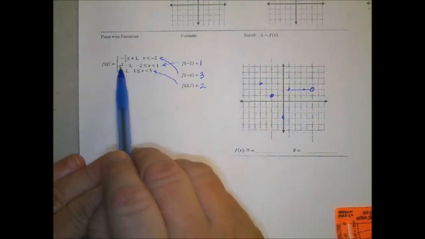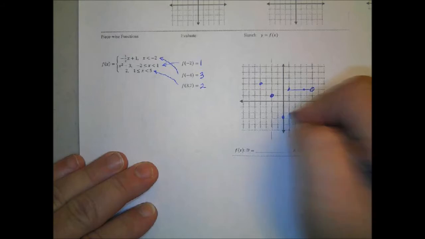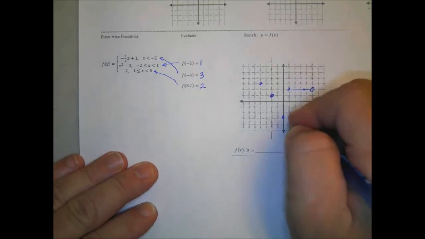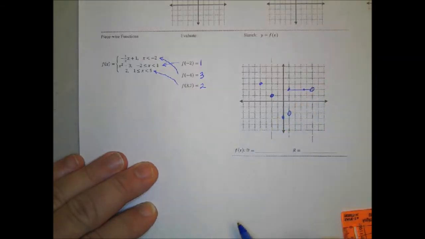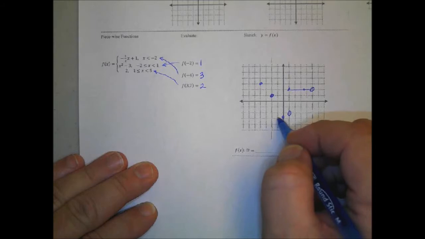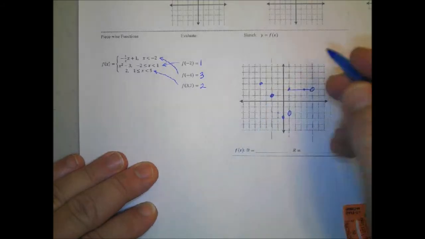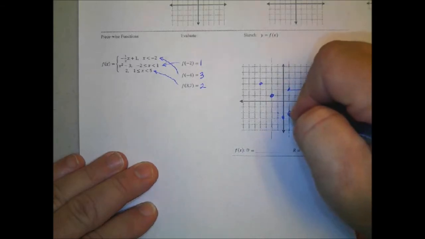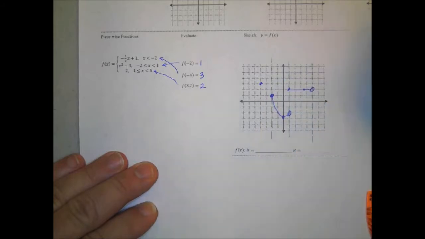The leading coefficient of the x squared is just 1, so it would be over 1 up 1, but I can't put a filled in dot here because I already have a filled in dot there. So it's open. But what does the other side do? Over 1 up 1, over 1 up 3. So the quadratic part of the equation goes like that.